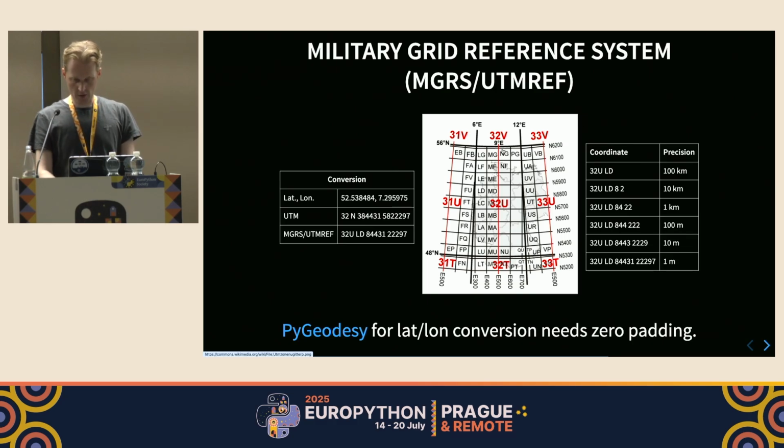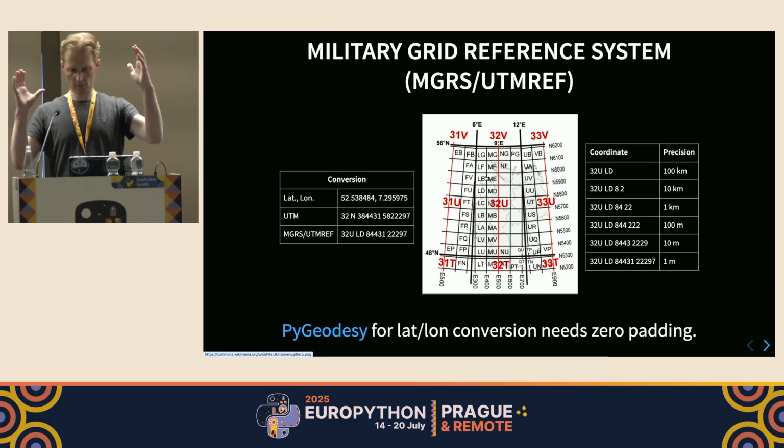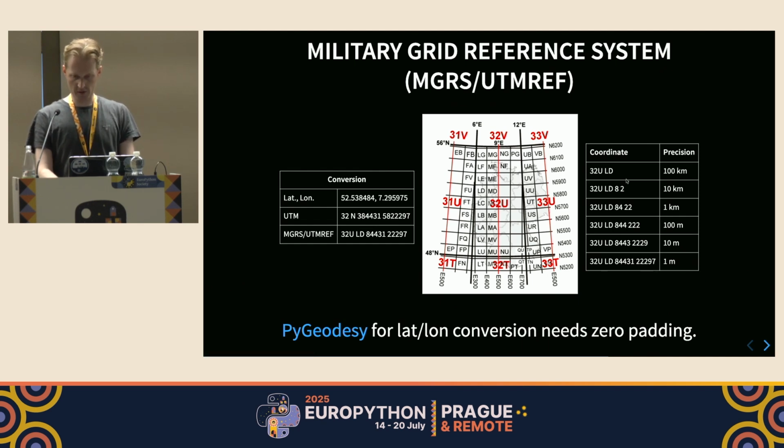There the world is projected onto 100 kilometer squares with a two-letter code, and each of these squares describes a 200 kilometer square. The precision of the location within this square increases with the number of digits provided. For practical purposes, a 10 or 100 meter precision is usually sufficient.